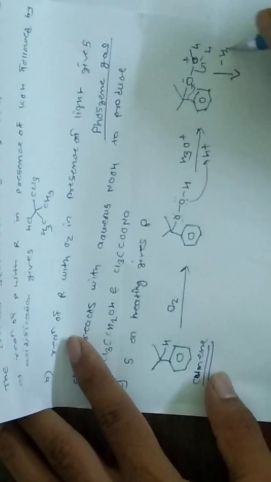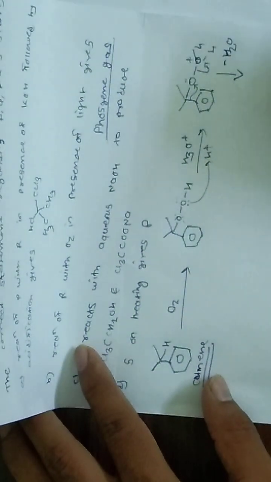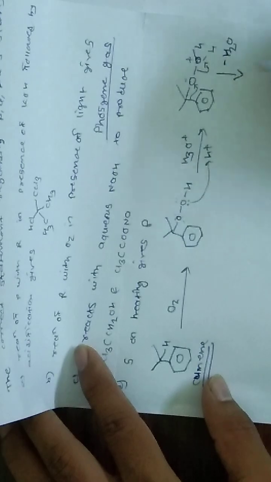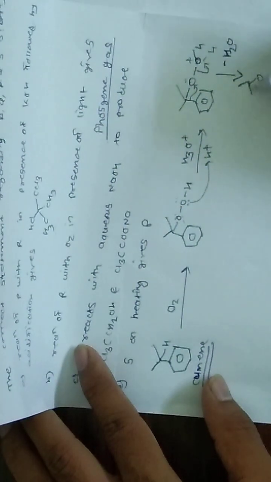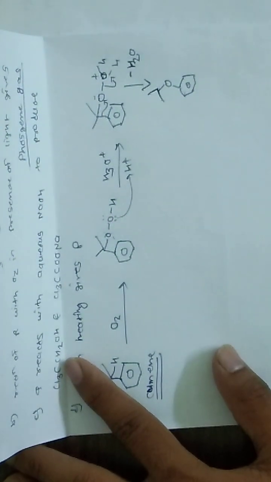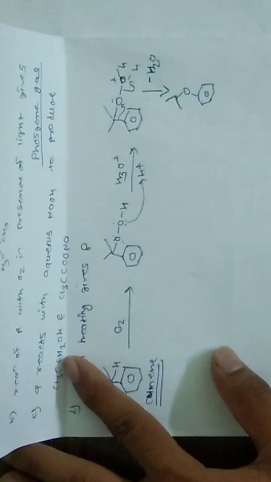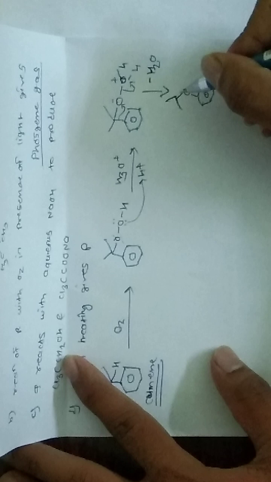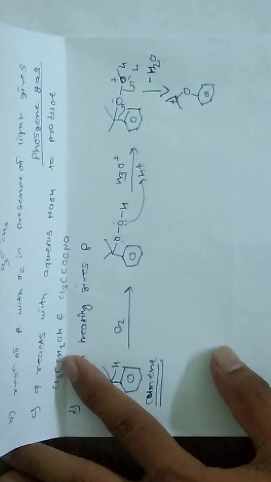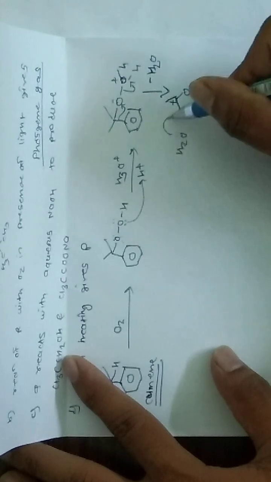Therefore, water is evolved and the product formed has oxygen attached to the benzene and to that oxygen the propene group. Now positive charge will come on that carbon. So again water is there, water will attack at that position.